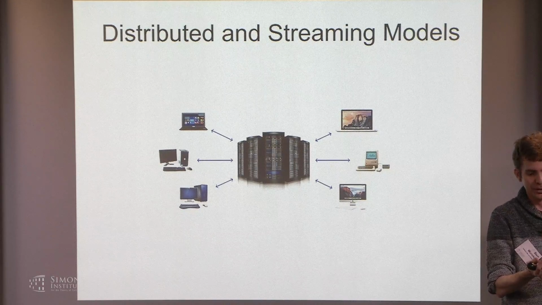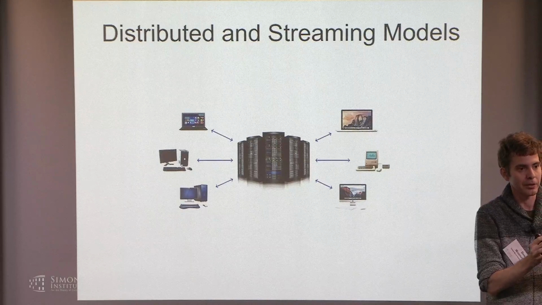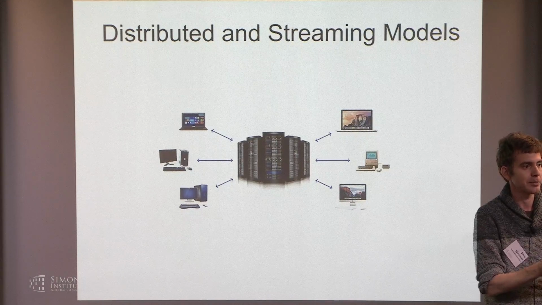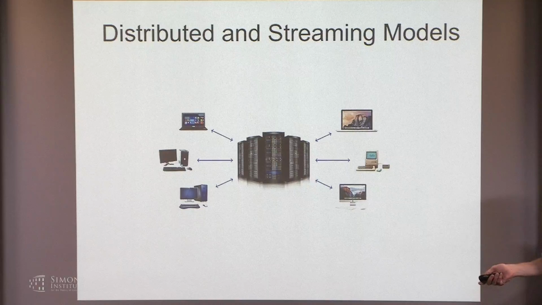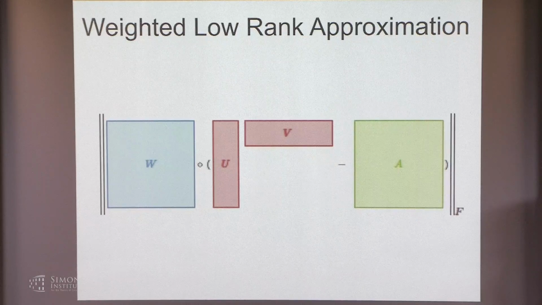If you use a sketch of your input matrix, then you can use a much smaller amount of memory than storing the whole matrix. A lot of these algorithms generalize to tensors, so you can do things like tensor low-rank approximation. Find an outer product of 3 vectors. As Ravi mentioned, that would be the rank 1 version, and the sum of k such outer products would be the rank k version. There are algorithms for that.